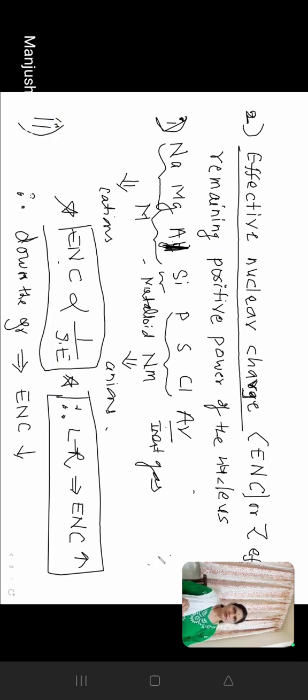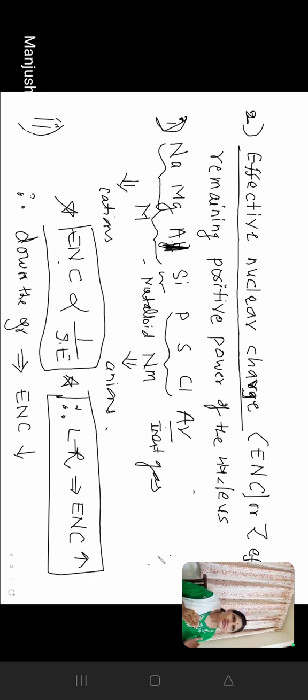Along with that, protons are also added one by one, so nuclear charge also increases. But what happens to the screening effect? The distance between nucleus and valence shell decreases because the hold of the nucleus on the valence electrons is more. Therefore, the valence shell is pulled inside. Therefore, screening effect decreases.